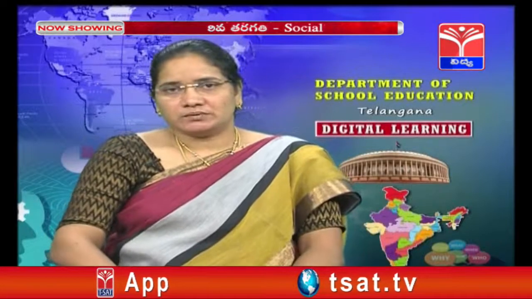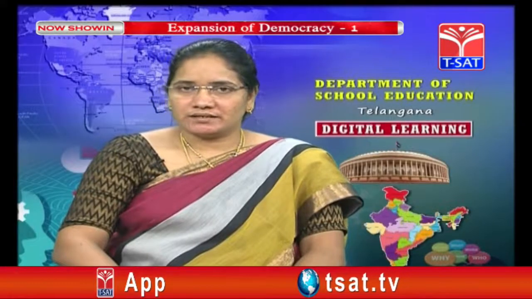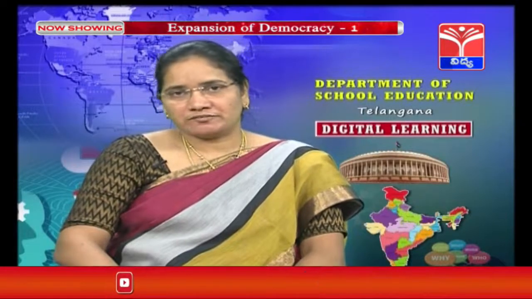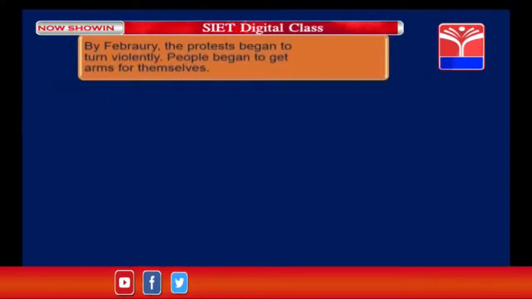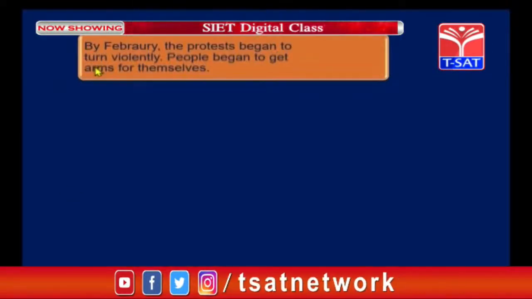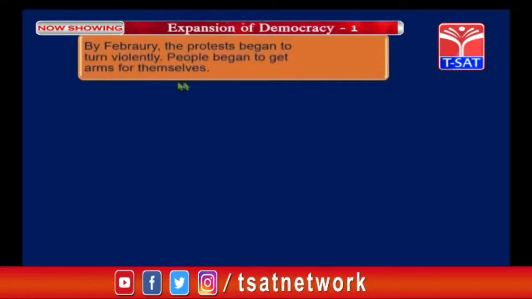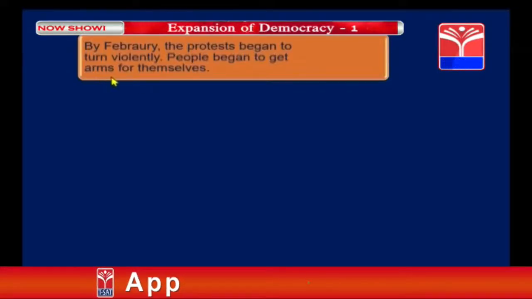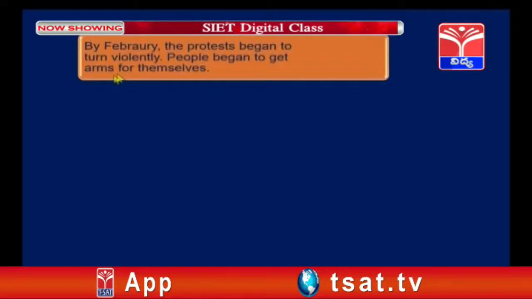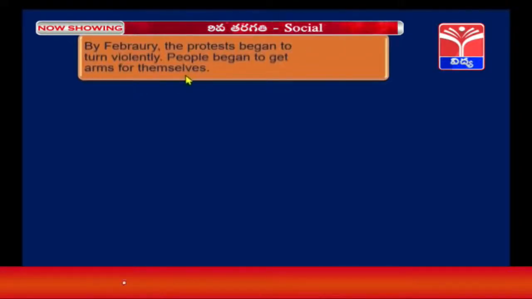Let us continue to see how the situation changed in Libya during this movement for democracy. By February, the protests began to turn violent. People began to get arms for themselves. What is the meaning of arms? Weapons. So people started having weapons for themselves.